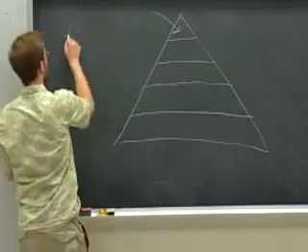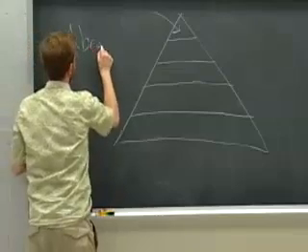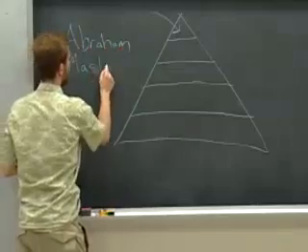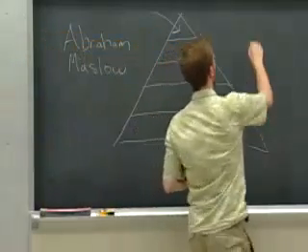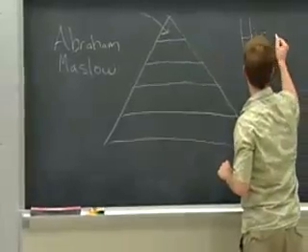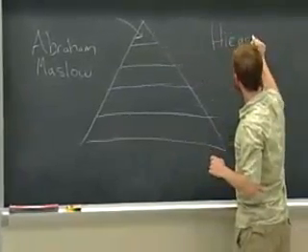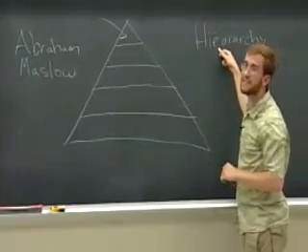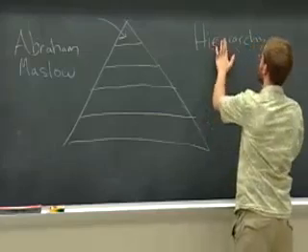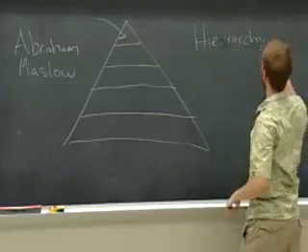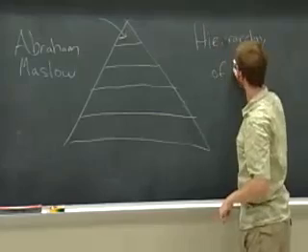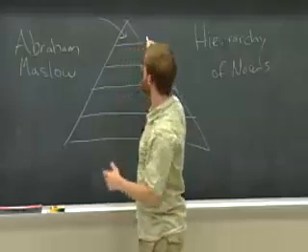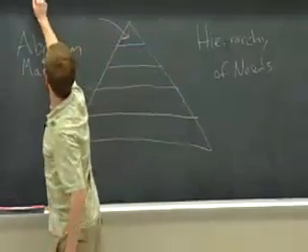But either way, I want you to Google this: Abraham Maslow, hierarchy of needs. I can't spell either. It's H-I-E-R, hierarchy of needs. And we have this self-actualization.